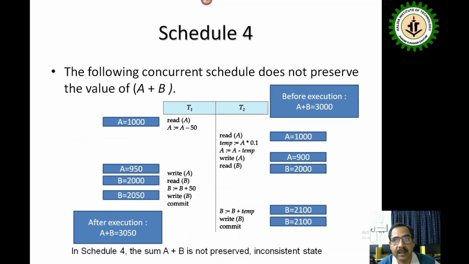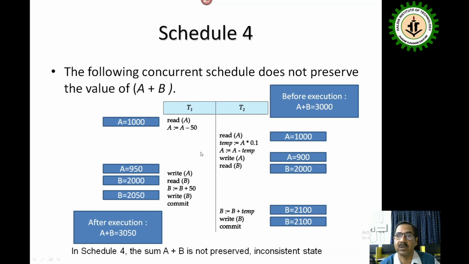And if we allow the schedule S having two transactions T1 and T2 in an arbitrary mode, then let us consider T1 reads A, A equals A minus 50. Before performing write operations on data item A, T2 reads the data item A, reads B, T2 writes on data item A, T2 also performs read operations on B, then T1 performs write operations.